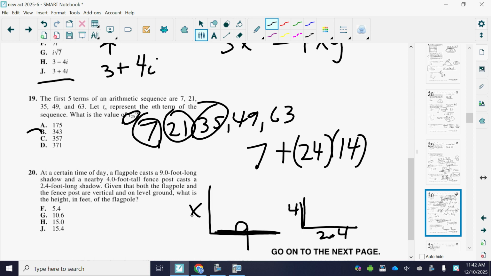Y'all remember ratio and proportion, huh? X over 9 equals 4 over 2.4. Best bet, we can guess the answer. Looks like it's got to be double, but not quite. I would guess J without solving it, but I better not trust myself. It would be 36 divided by 2.4. Oh, I was wrong. It was H.